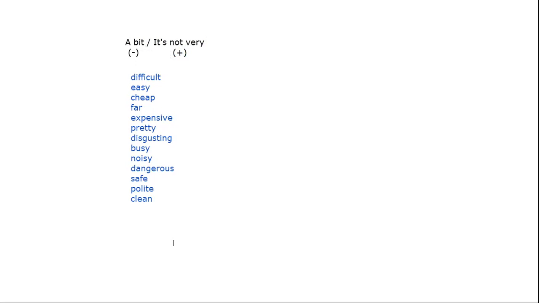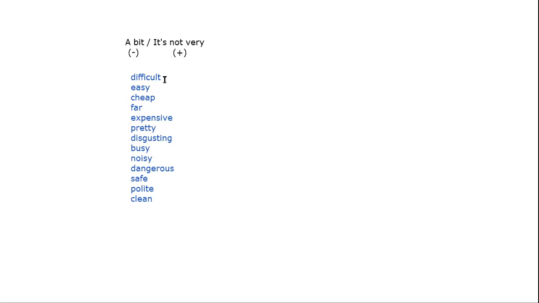So with difficult, what would you use? ¿Cómo dirían ustedes? ¿Cómo sonarían un poco más educados al decir que no suene eso es difícil? It's not very difficult. It's not, podrían decir it's not very difficult.